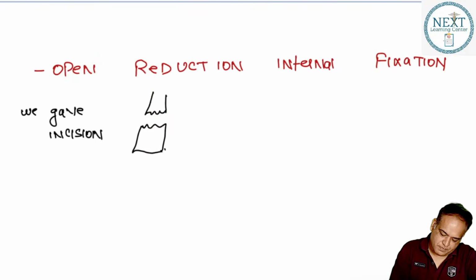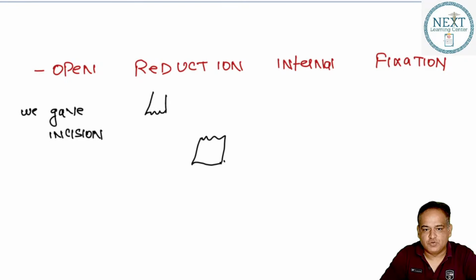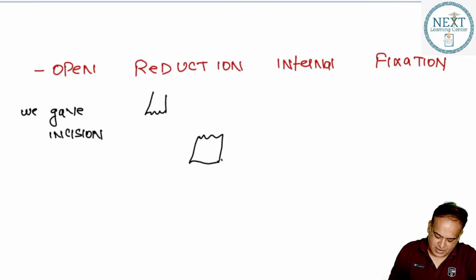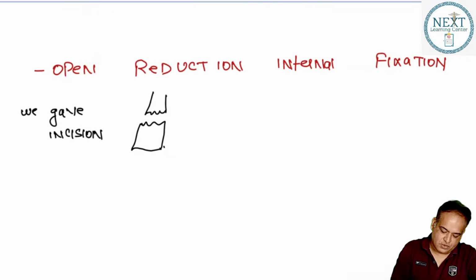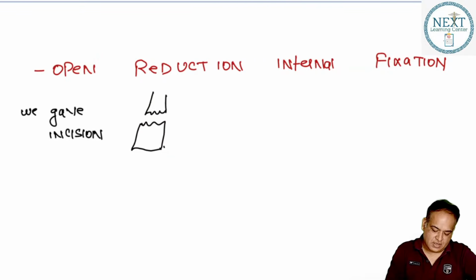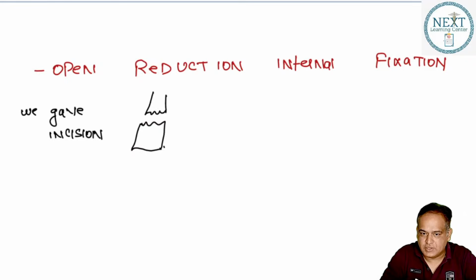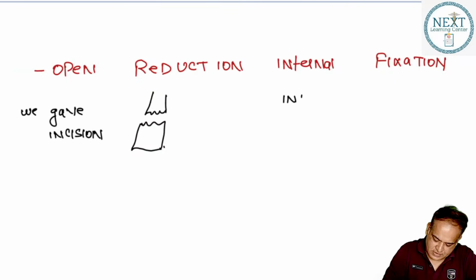Reduction: suppose, dear doctor, that these two bone fragments were present far away. Now you bring them close together. That is reduction. Internal fixation: internal means the incision is closed with sutures.